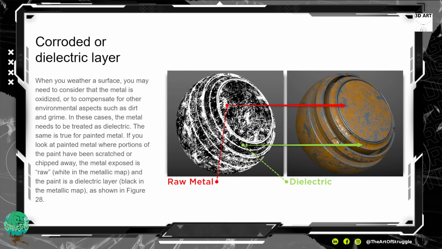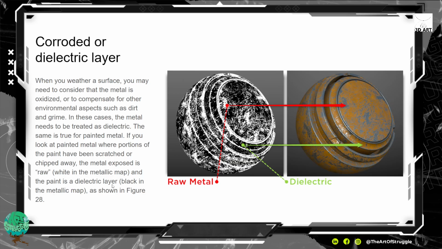If you look at a painted metal where portions of the paint have been scratched and chipped away, the metal exposed is raw metal, right? That's going to be hot white. Think about a painted armor on something, right?